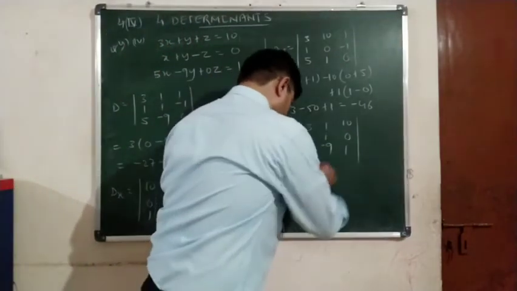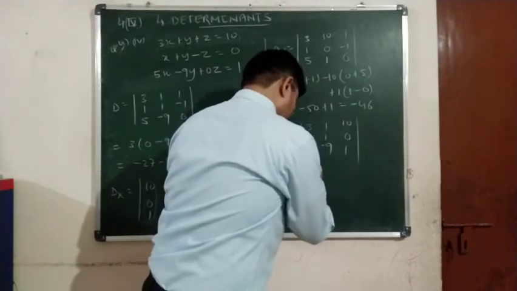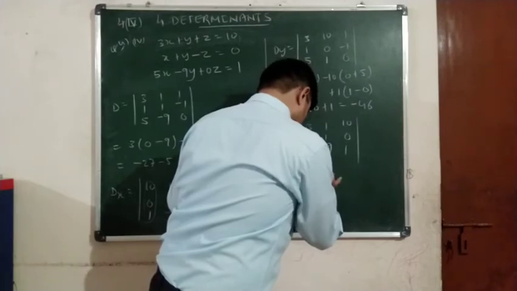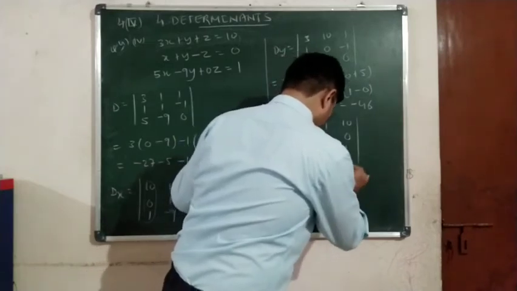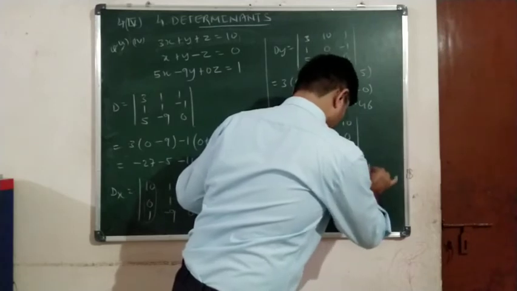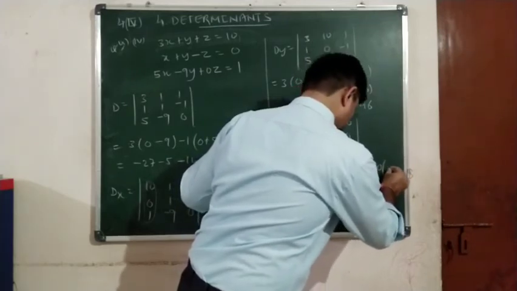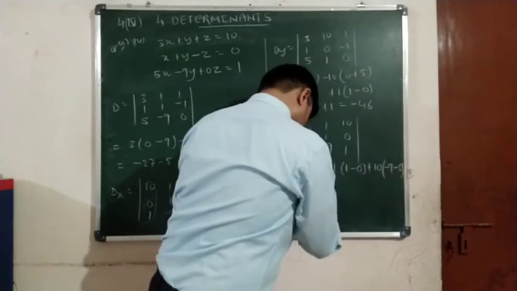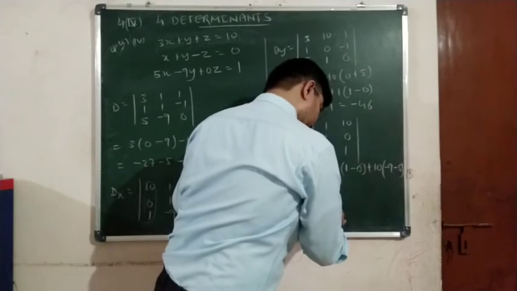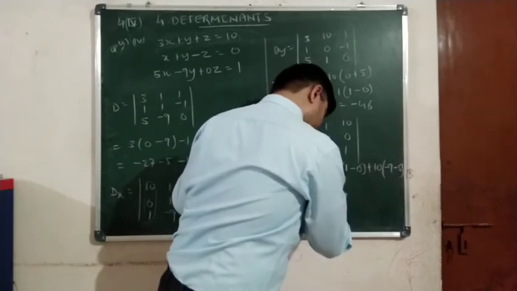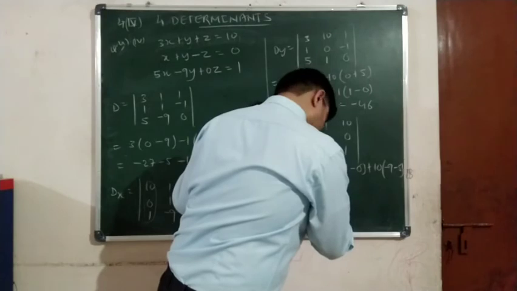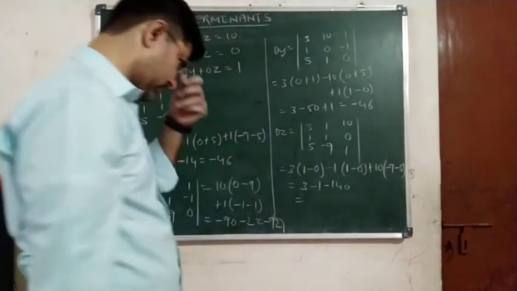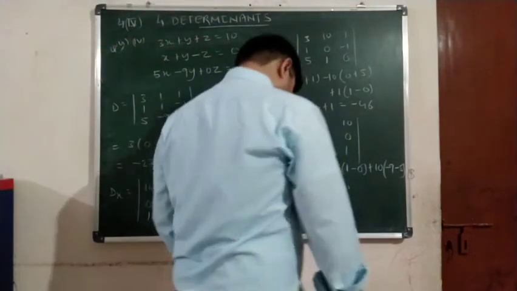So I am expanding along the first row only here. 3 into 1 minus 0, minus 1 into 1 minus 0, plus 10 into minus 9 minus 5, so 3 minus 1, plus 10 into minus 14 will be minus 140, so minus 138.